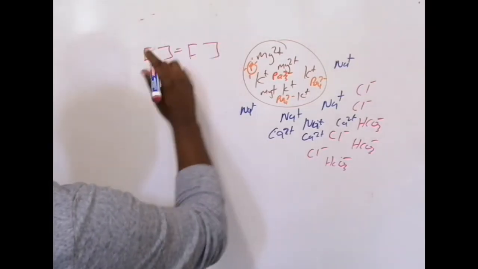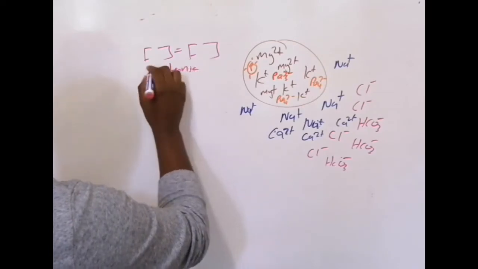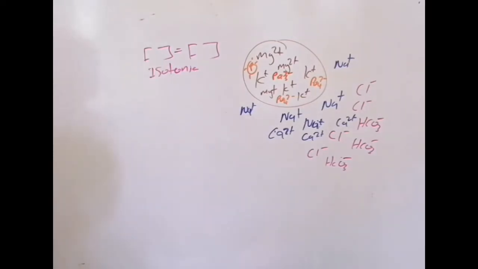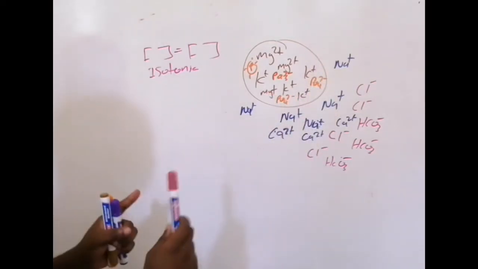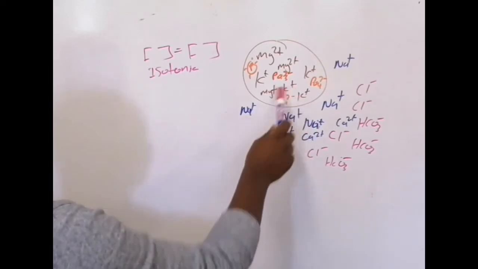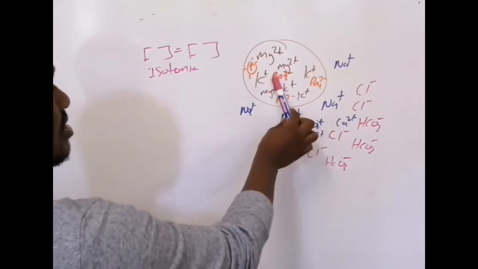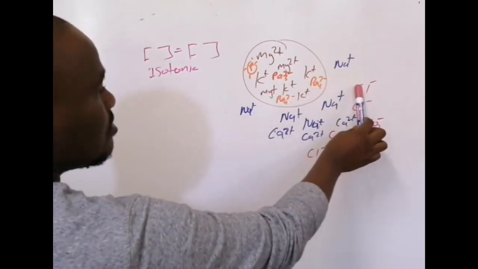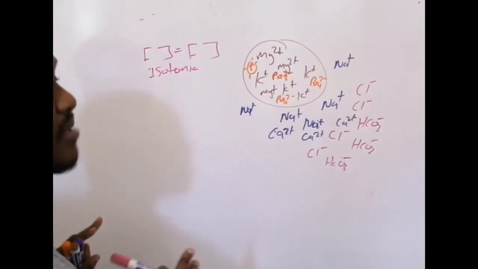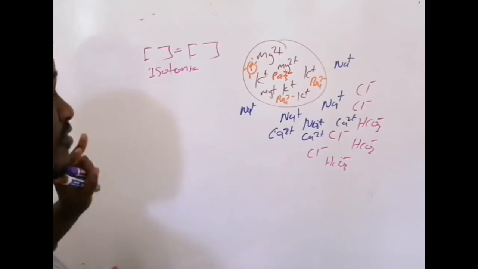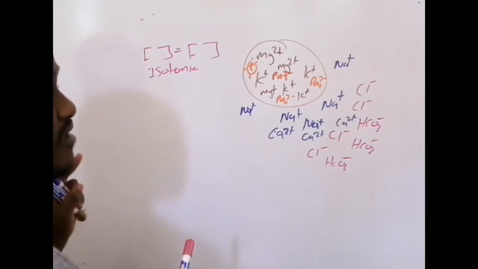This is what we want. This is isotonic. When you've got isotonicity across this bilipid layer, it means that whatever amount of water diffuses to the inside of the cell will also leave the cell, the same amount. So you won't have net movement of water. When you've got net movement of water, you are going to have issues.